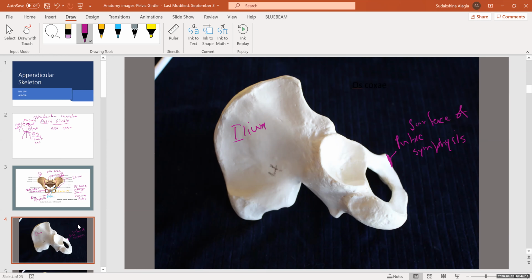Once you identify that, then the anterior and posterior start making sense. The sacrum end is the posterior, the other end toward the obturator foramen is the anterior. So we can arbitrarily draw the line here. This would be pubis. This would be ischium.